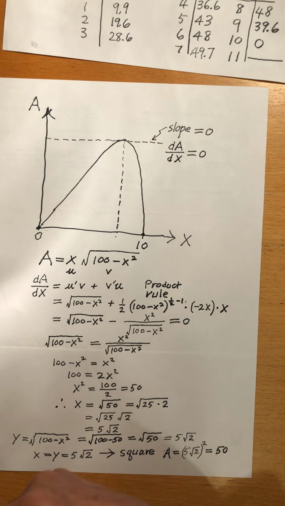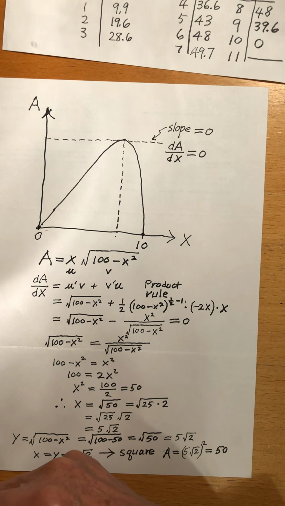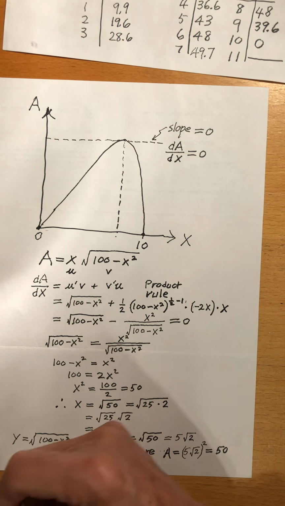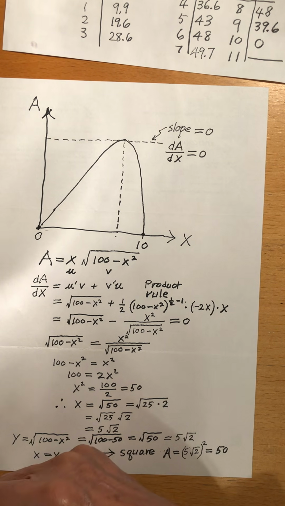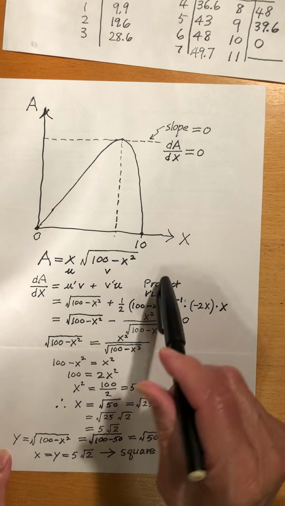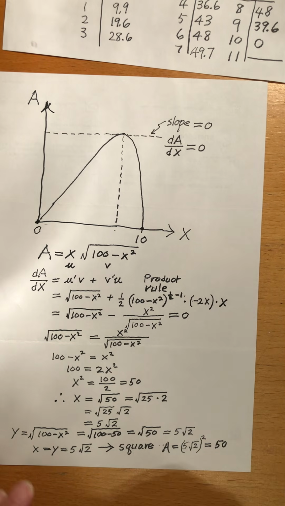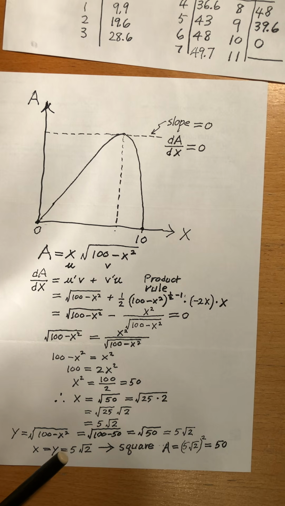And if you draw the graph accurately, you can find the value from the graph. But we need to do it algebraically, so we do calculus. This area is a product of two parts, so we use the product rule. And step by step, we can find x. And then once I have the x, I have the y.